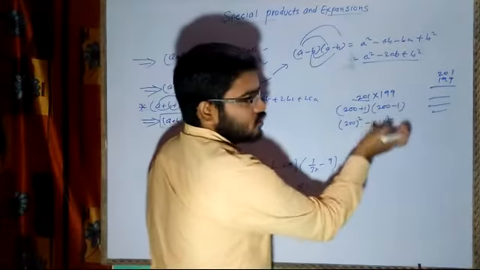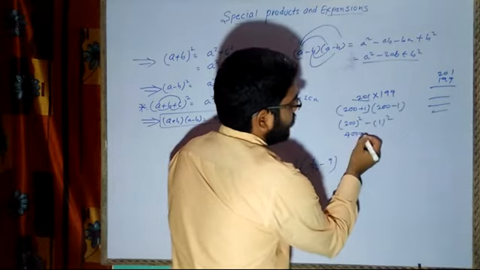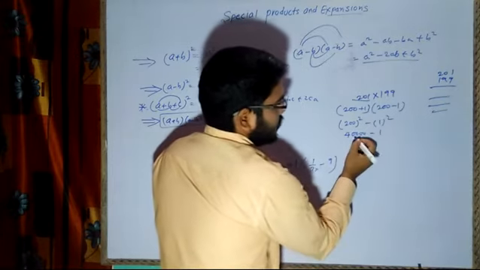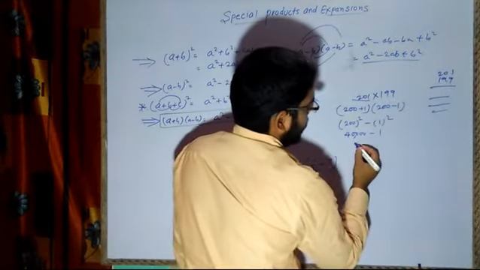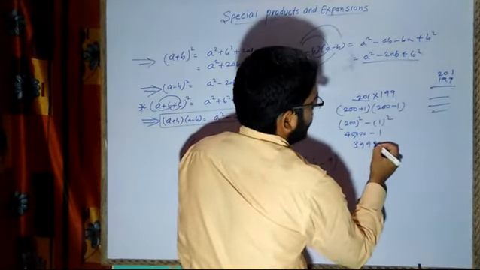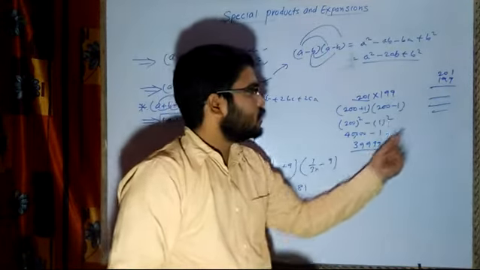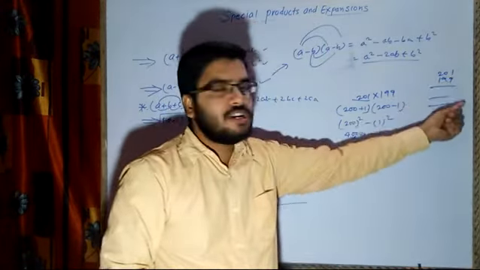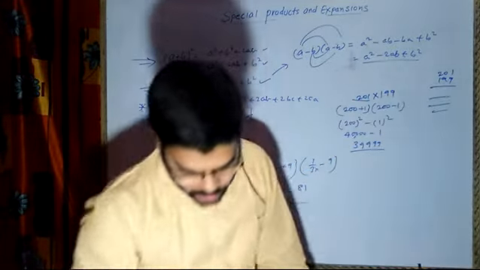So 200 square means 2 square is 4, and there are 2 zeros, so it will become 40,000 minus 1, which is 39,999. So it has become very easy for our calculation. If we go by the other method, it will take a long time and enough space to calculate.